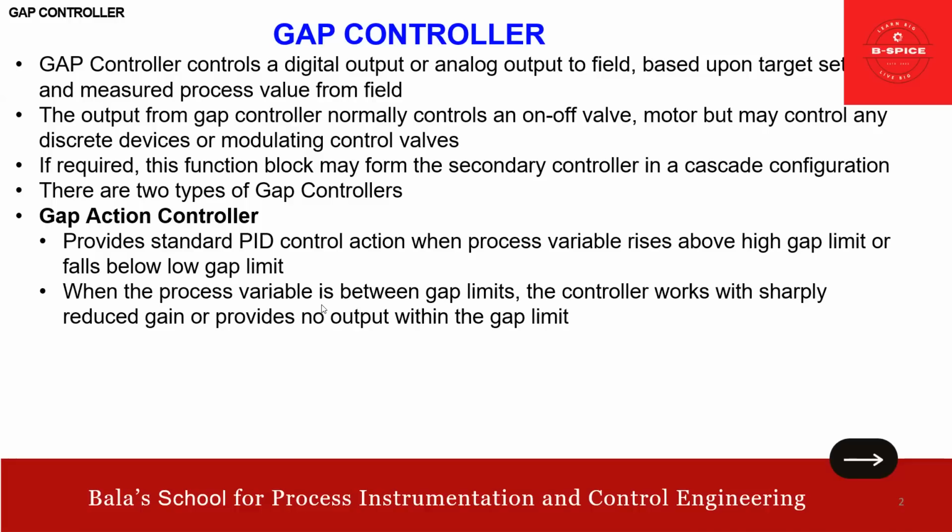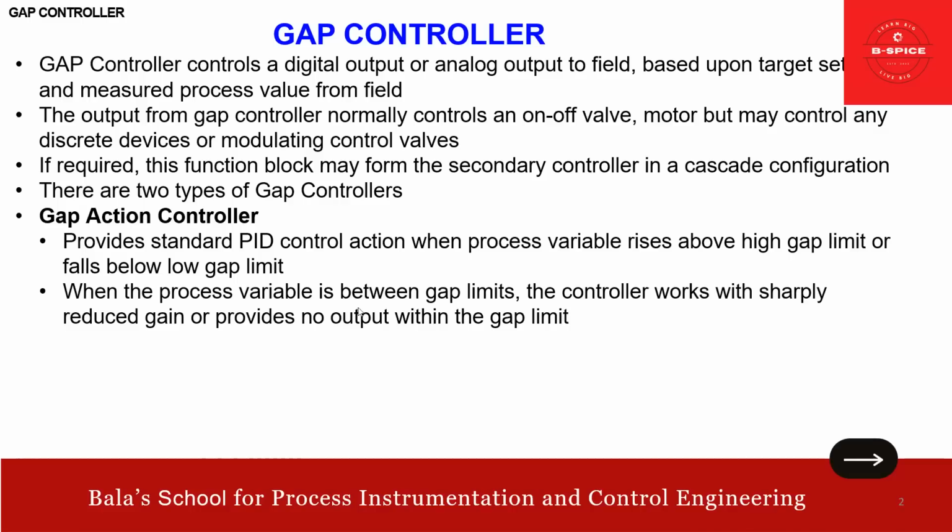When the process variable is between the gap limits, within the limits, the controller works with sharply reduced gain, or in other words, it provides no output within the gap limit. You got it, friends? So this is the gap action controller.